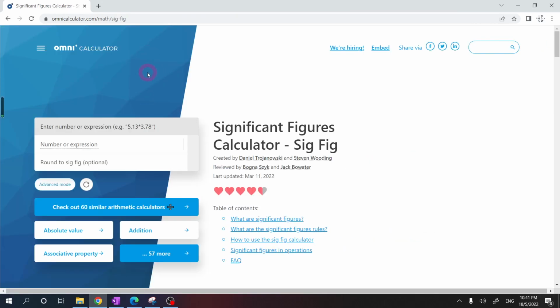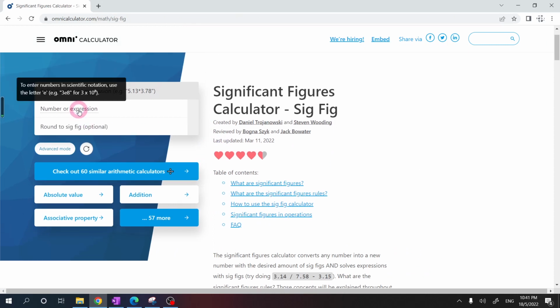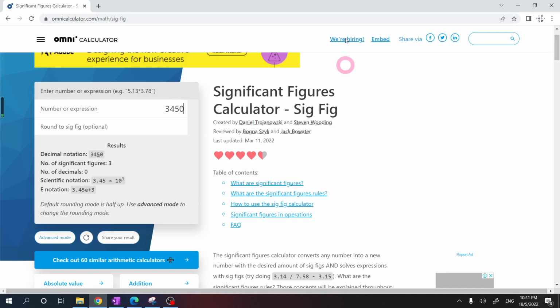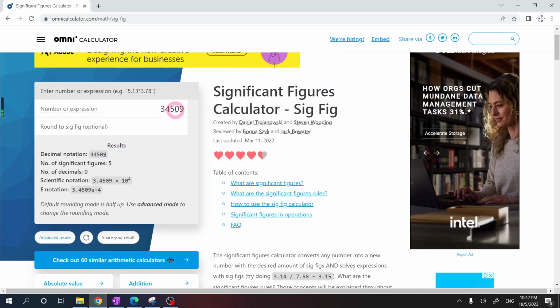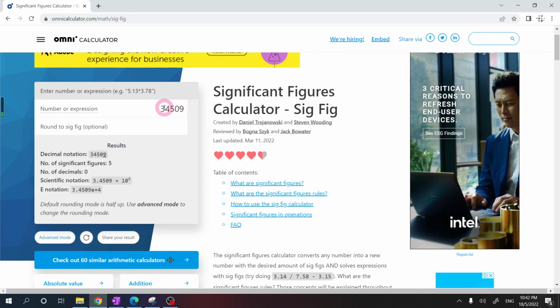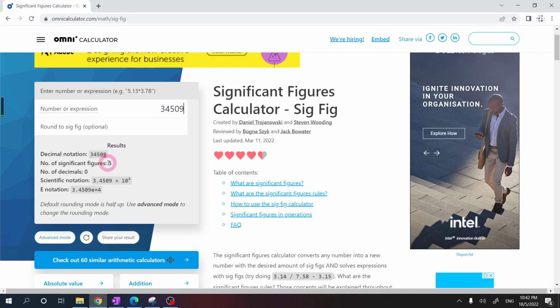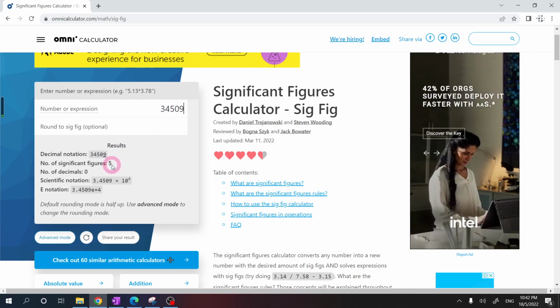You can give yourself some random number, for example, 34509, and the calculator will automatically tell you how many significant figures we have here. 1, 2, 3, 4, 5. We have 5 significant figures. Besides this, the calculator will also help you write this number in standard form, which you are going to learn later.